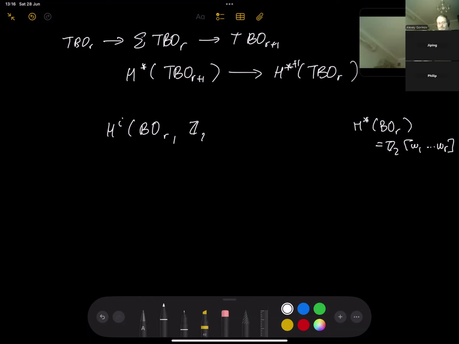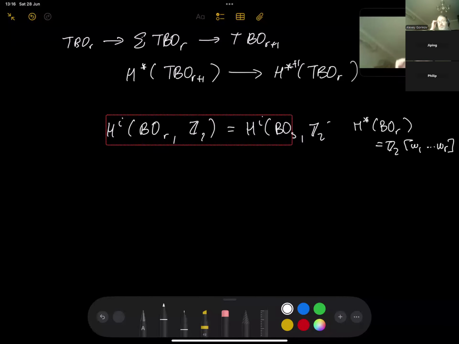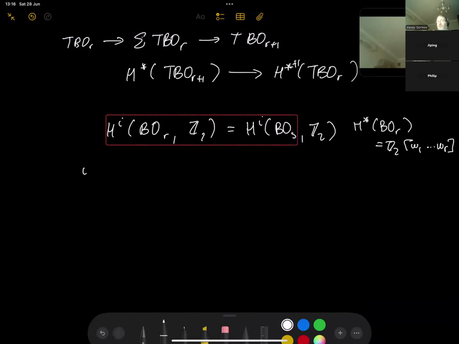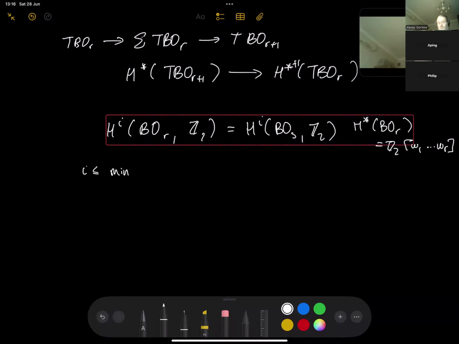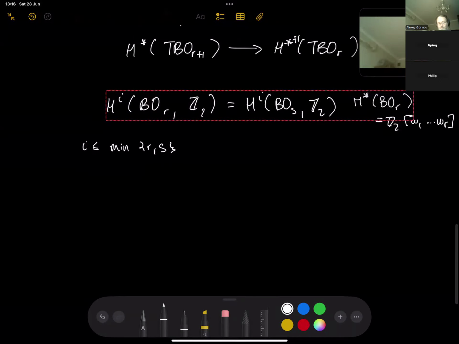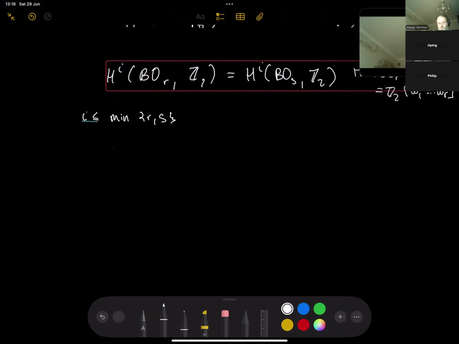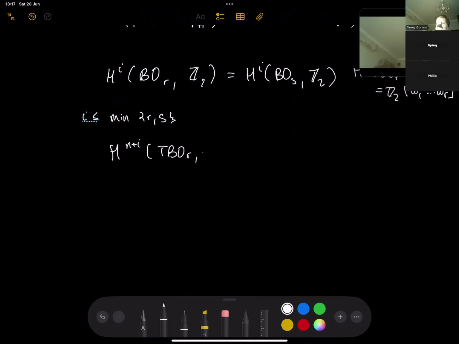So in particular, if we take two distinct r and s, where i is less than the minimum of r and s, these will be identical. And then we apply the lemma to relate this to the cohomology of BO(r).